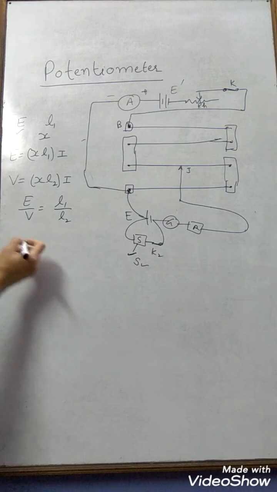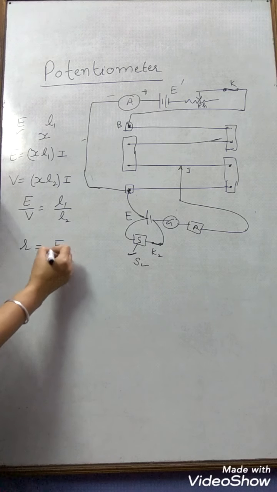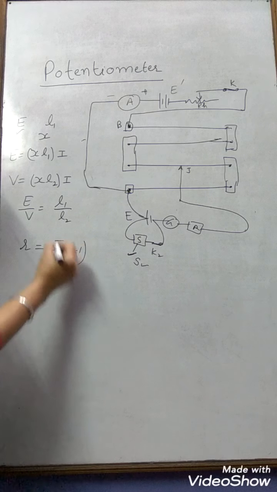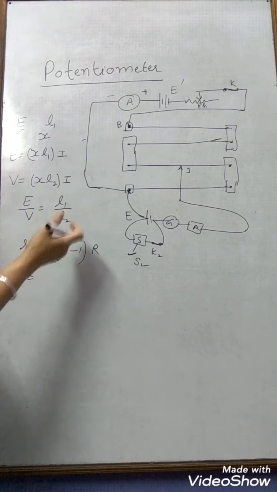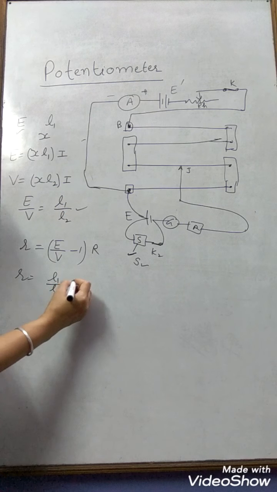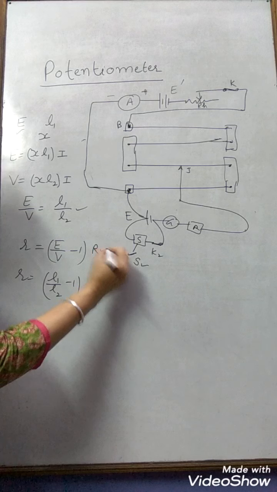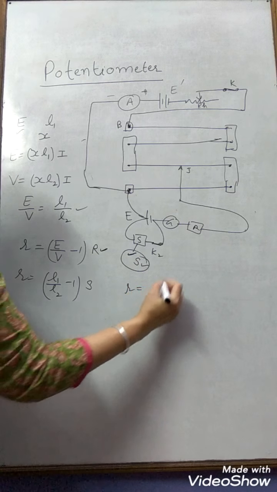In the last segment, we have the relation for the internal resistance r, that is E upon V minus 1, into R. By using this setup, we compare and find L1, L2. L1 upon L2 minus 1. What should we put here? This shunt value. Then how do we calculate the internal resistance?